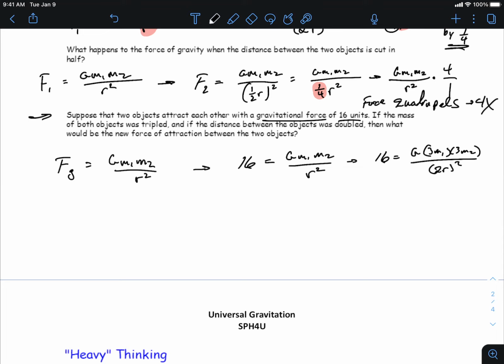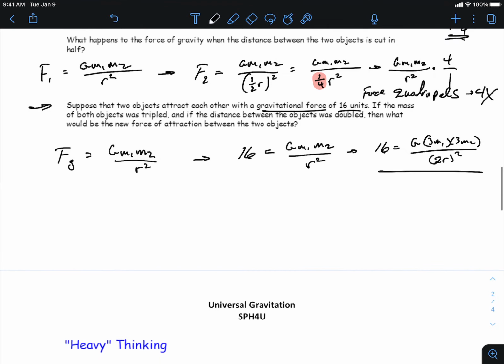Okay, so the question becomes, let's simplify this and collect all these coefficients and see what happens. So we're going to see 16 should equal G times 9m1m2 over 4r squared.